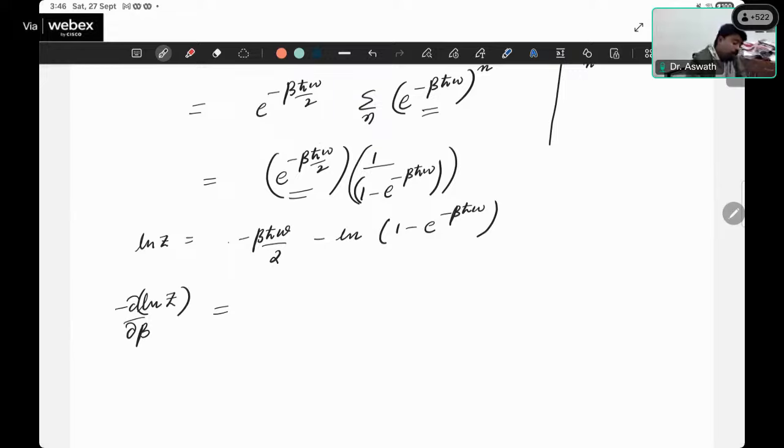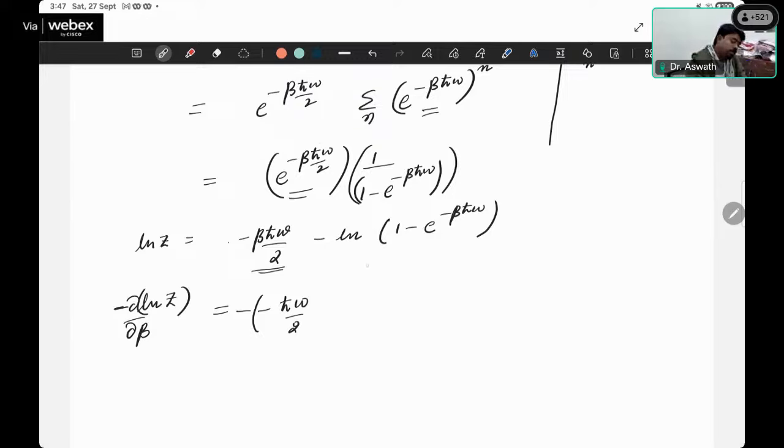So the derivative of this first term is simply h omega by 2, with the minus sign, by the way, so minus of minus, the minus coming from before the derivative, right?